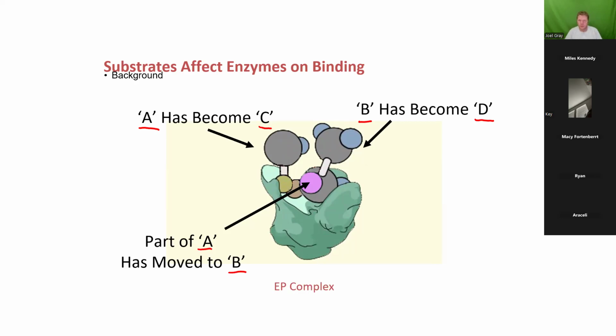Essentially, you have the enzyme and substrate forming a complex, then the reaction takes place, then the enzyme and product are still a complex. So this complex, ES, ES star, and EP, is an entire profile of what's happened there.